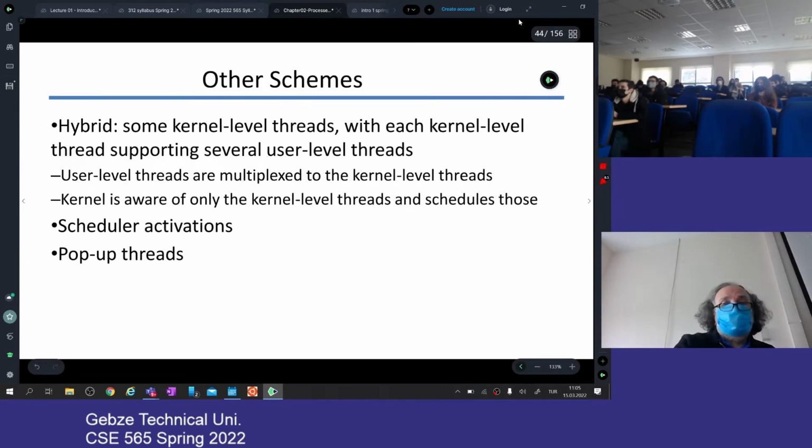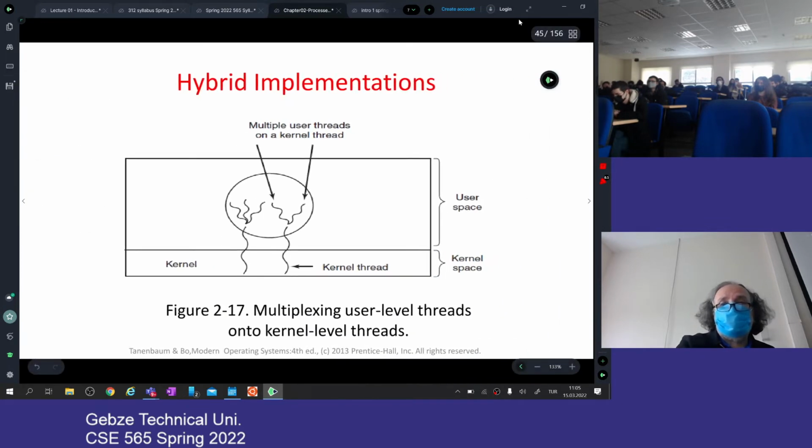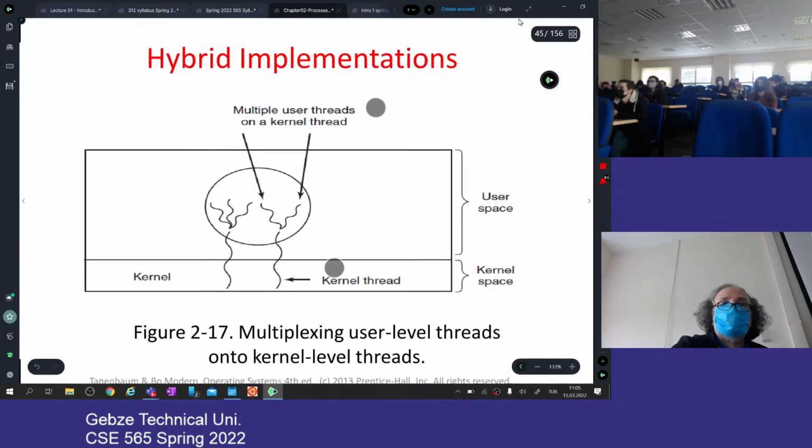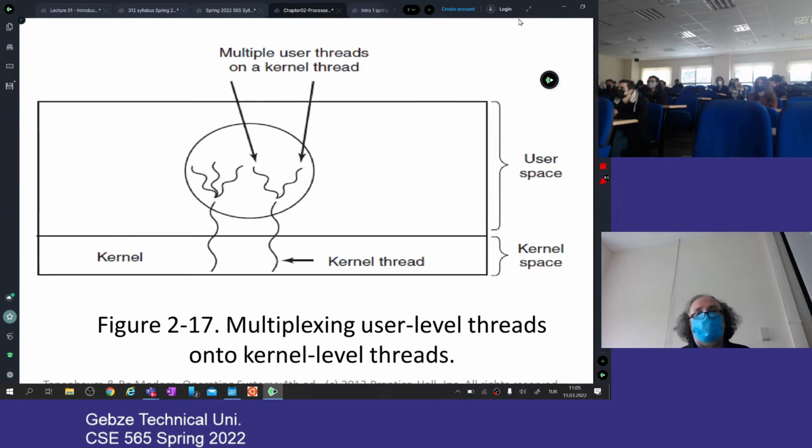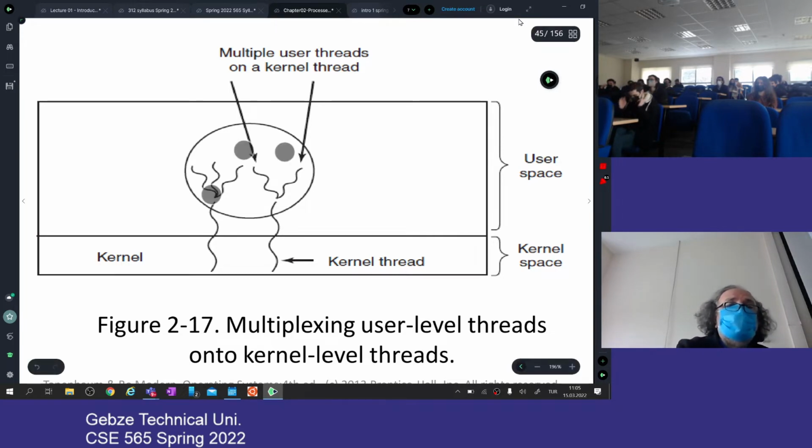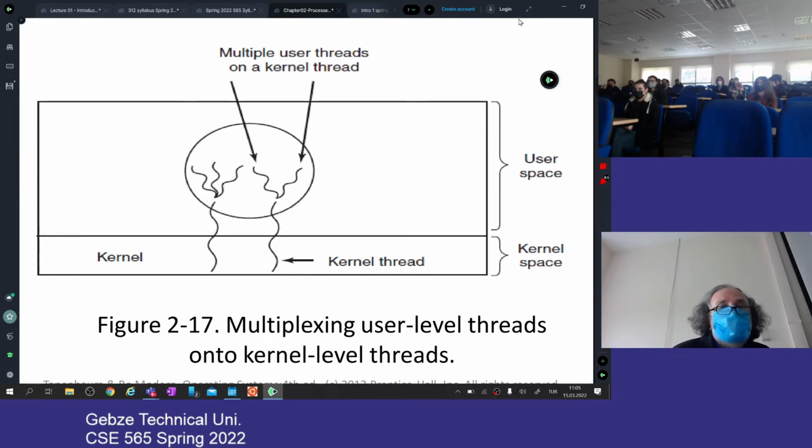So what do we do? One solution is this. They say let's implement both. The kernel knows about the threads, but inside my process, I have my specialized thread processing library too.